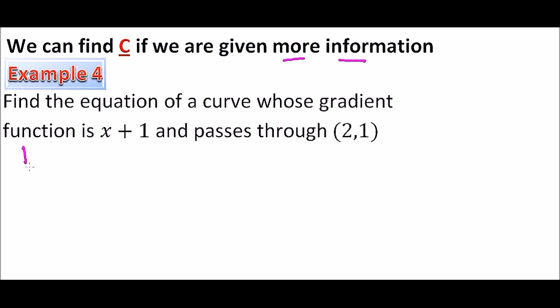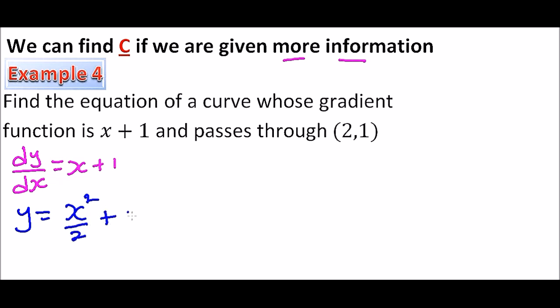So this means that our dy over dx is equal to x plus 1. So we can get our y by integrating this. So we get y is equal to x squared divided by 2 plus x plus c. Now we want to find c.